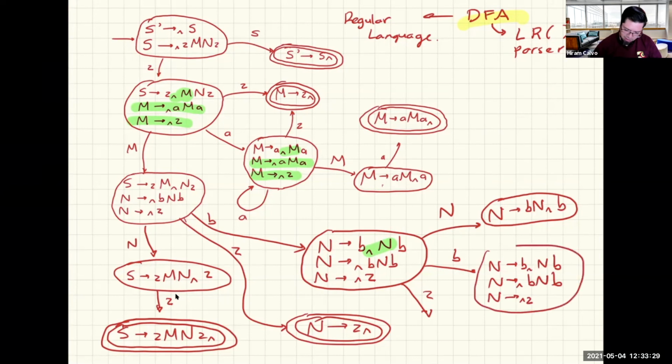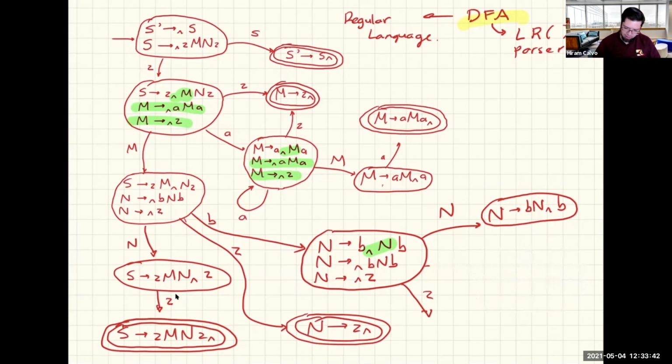And again, you can see this is exactly the same as before. So we will add a loop, or we will change this for a loop. So this will be B.